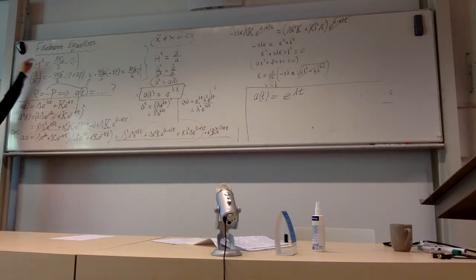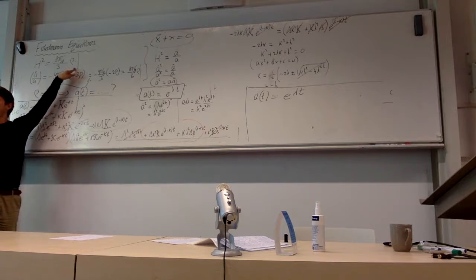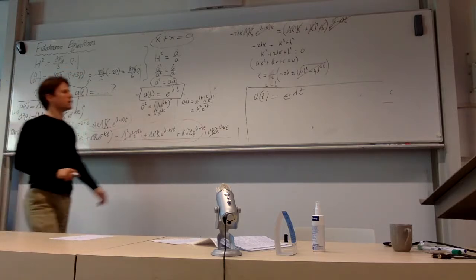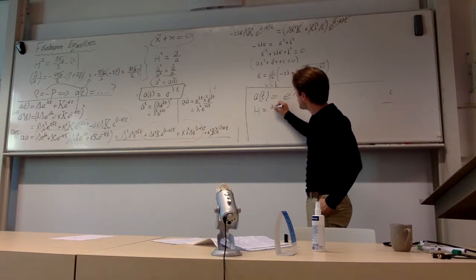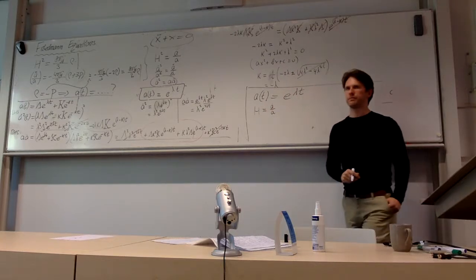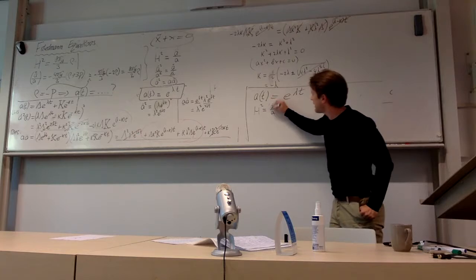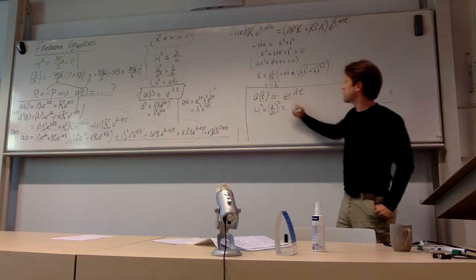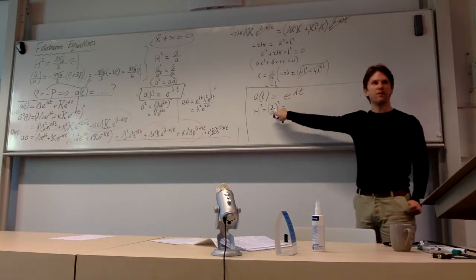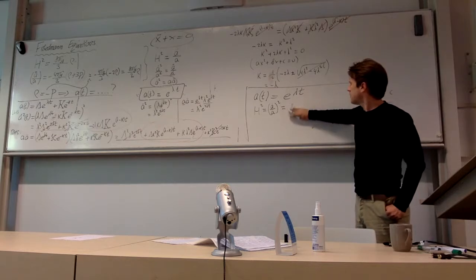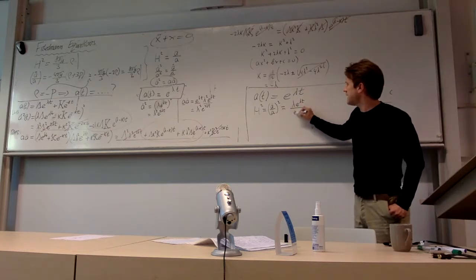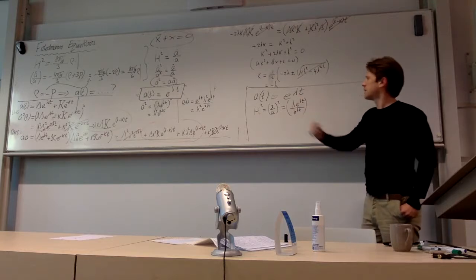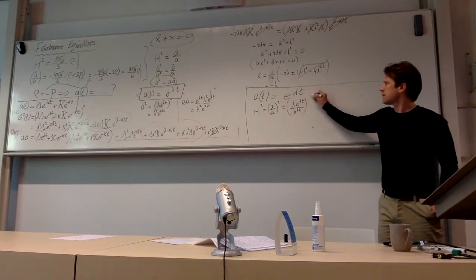Back to our Friedmans. H squared equals such and such. H is itself a dot over a. You have to square it. That's the left-hand side of the first Friedman equation. Put this thing in that we've now found. We find that, well, that's very beautiful. It gives you lambda e to the power lambda t divided by e to the power lambda t, squared.